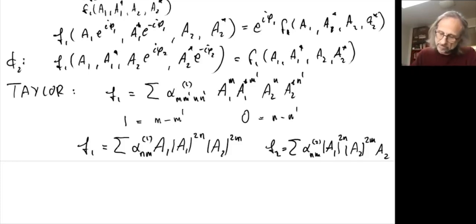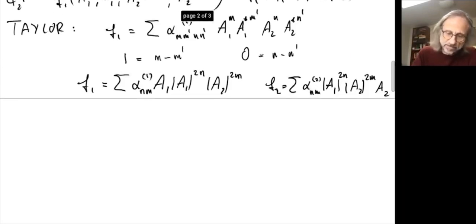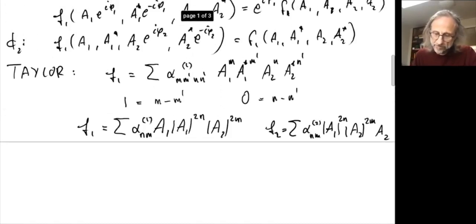So let's just write it down to lowest order, because we most likely will only look at the lowest orders. And the lowest orders are obviously either n is 1 or m is 1, but not both non-zero.